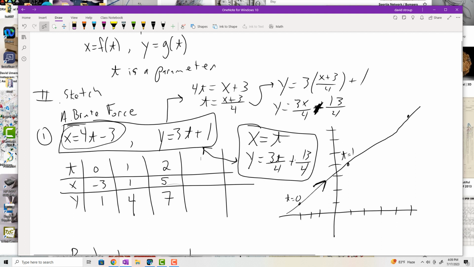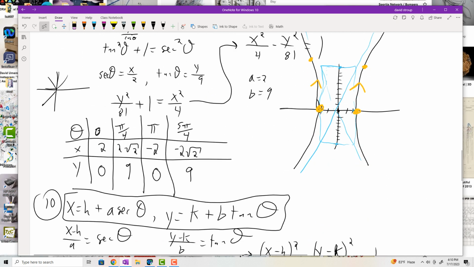Hopefully you've done enough integrals to know that a definite integral from 0 to 5 of 3t plus 1 is going to be a lot easier to integrate than going from 1/3 to 5/7. So you want to avoid these funny ranges for your parameters.